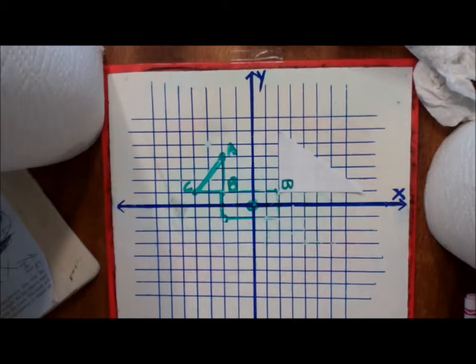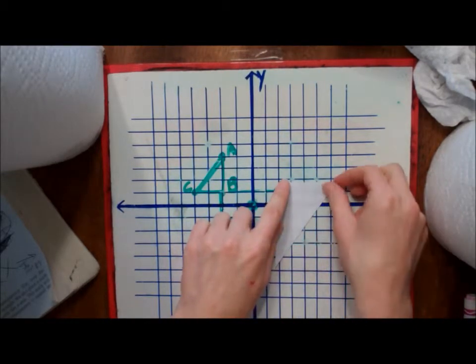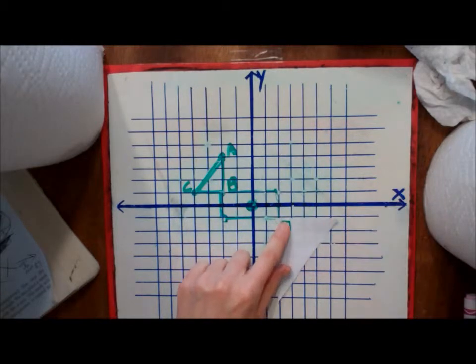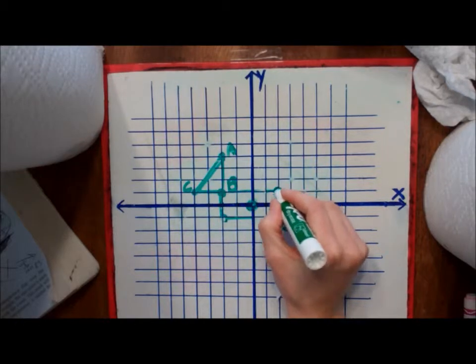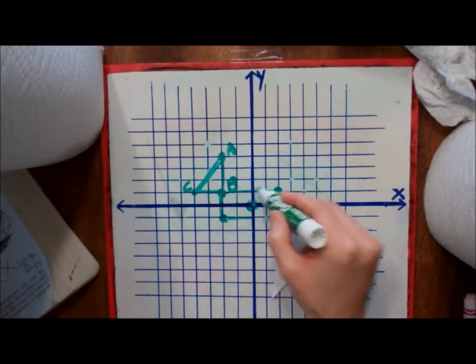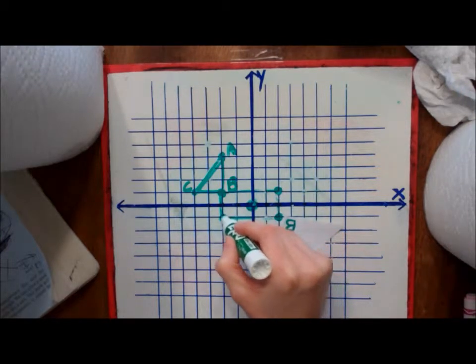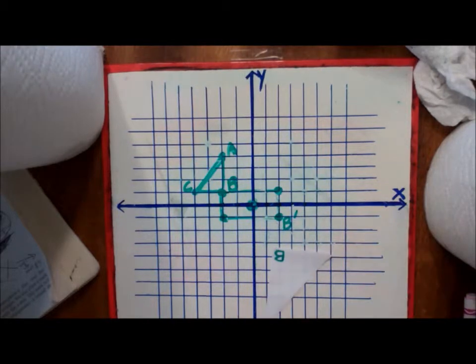We didn't want to just go 90, we want to go 180. So I'm going to go 90 more degrees, and it has to be in this quadrant around this center of origin. And B is always here, here, here, and here, no matter how many turns you make, whether it's 90 degrees, 180, 270, or 360. So this is my B prime.